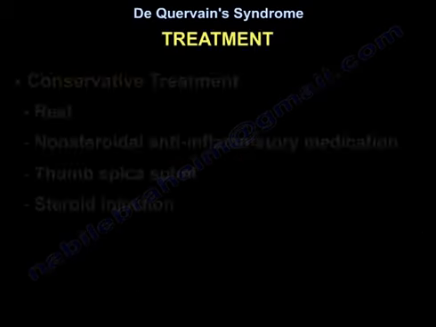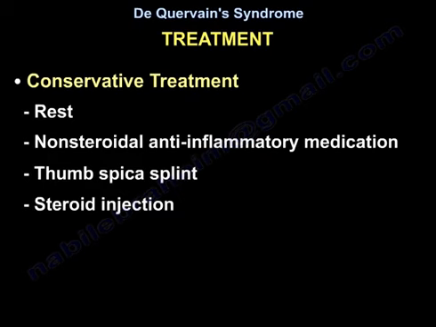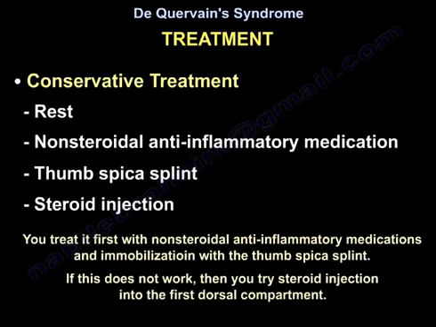Treatment. Conservative treatment: rest, non-steroidal anti-inflammatory medication, thumb spica splint, steroid injection. You treat it first with non-steroidal anti-inflammatory medications and immobilization with the thumb spica splint.